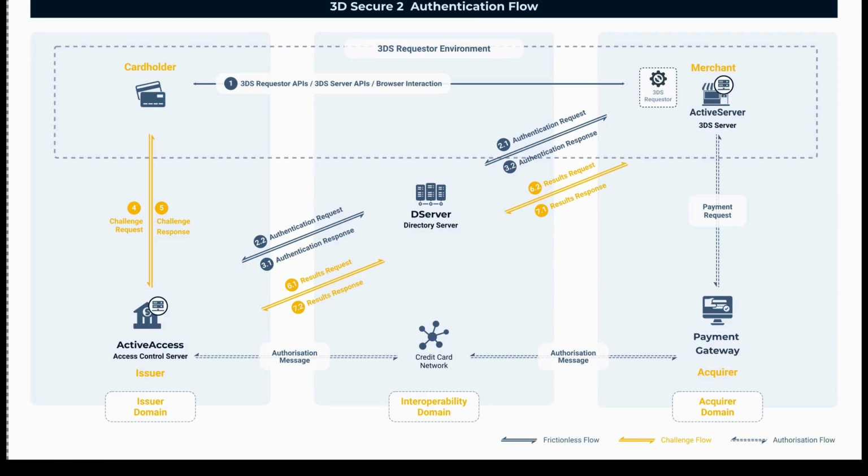When 3DS1 was originally launched in the 90s, computers were the only option for online buying. The initial version of 3DS was developed for desktop browser authentication because smartphones were not widely available at that time. Furthermore, some issuers required cardholders to enroll in the 3D Secure service by attaching a static password to their payment card, which was a heavy burden for them.